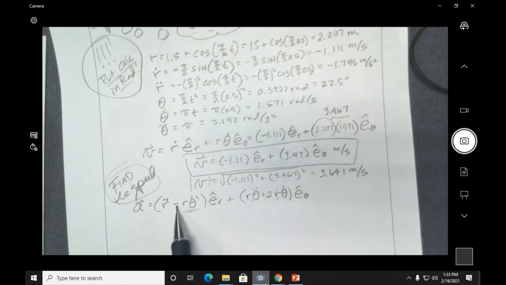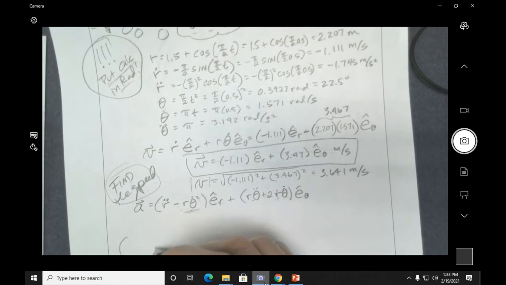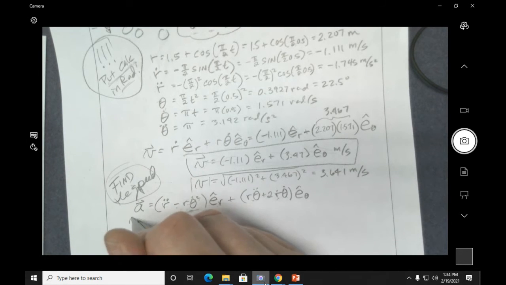So why is it centrifugal? One thing you can tell, it's negative and it's r. So if it was in a circle, it would be pointing towards the center, right? It's also r theta dot, and the velocity, if it was a circular velocity right here, right?